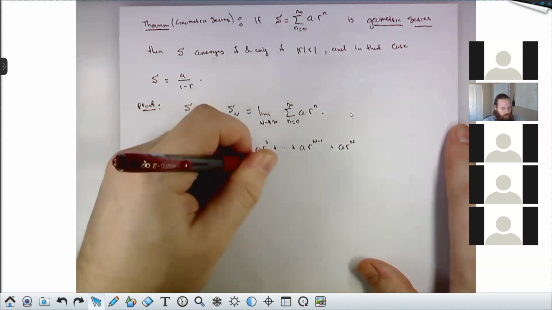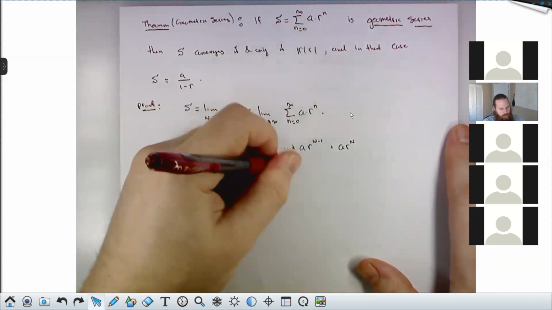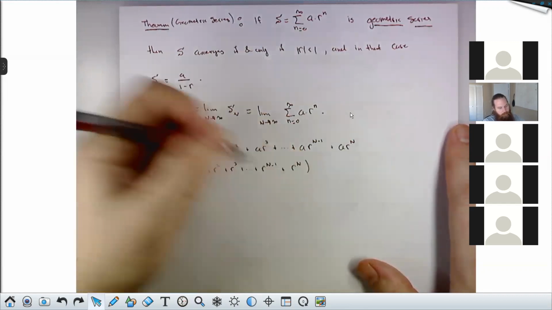The second to last term is r to the N minus 1, and the last term is r to the N.